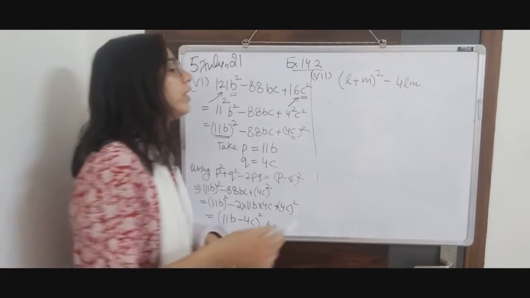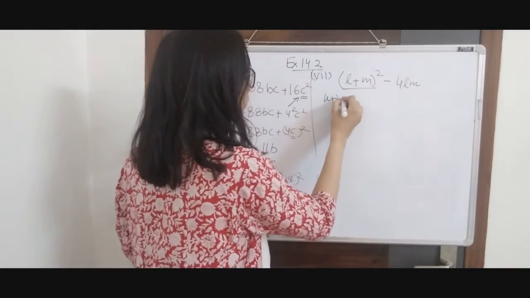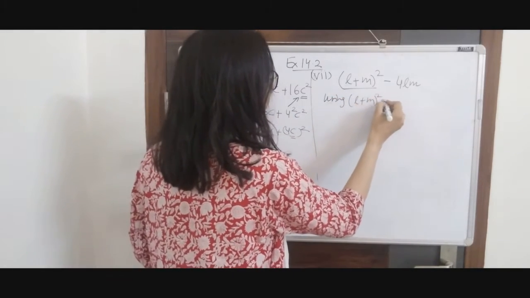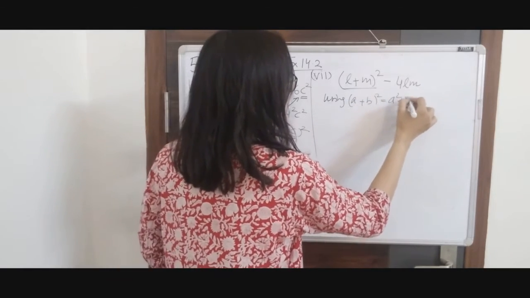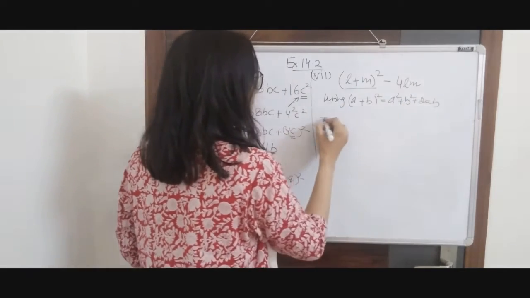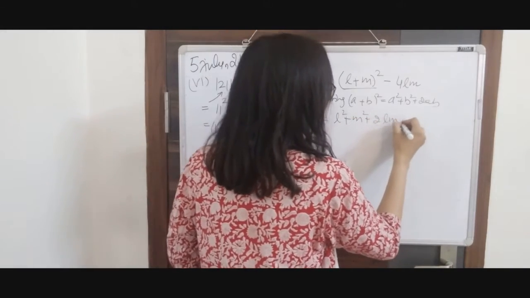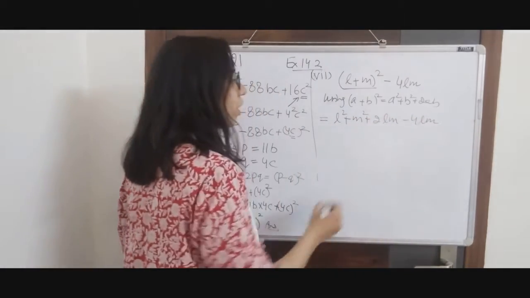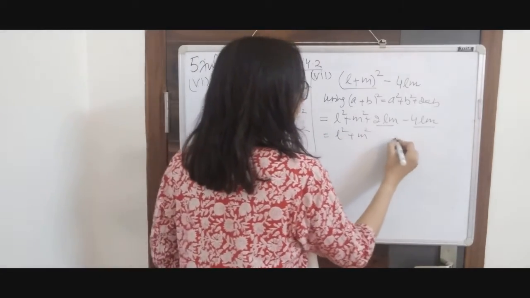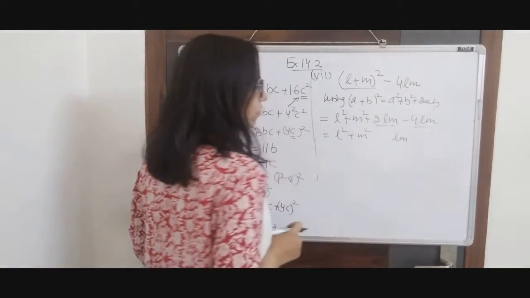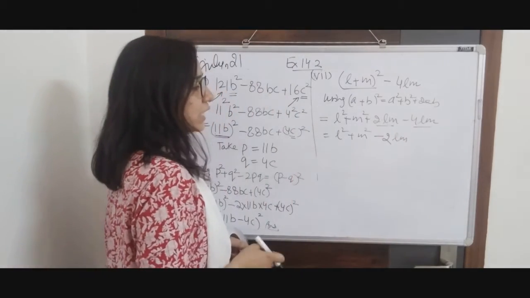So what we will do is try to expand this square, using (a plus b) square is equal to a square plus b square plus 2ab. Your expression will become l square plus m square plus 2lm minus 4lm. Now these two are like terms, so we will be simplifying them. We will write l square plus m square as it is. 2 minus 4 is going to be minus 2. So this is our expression now.